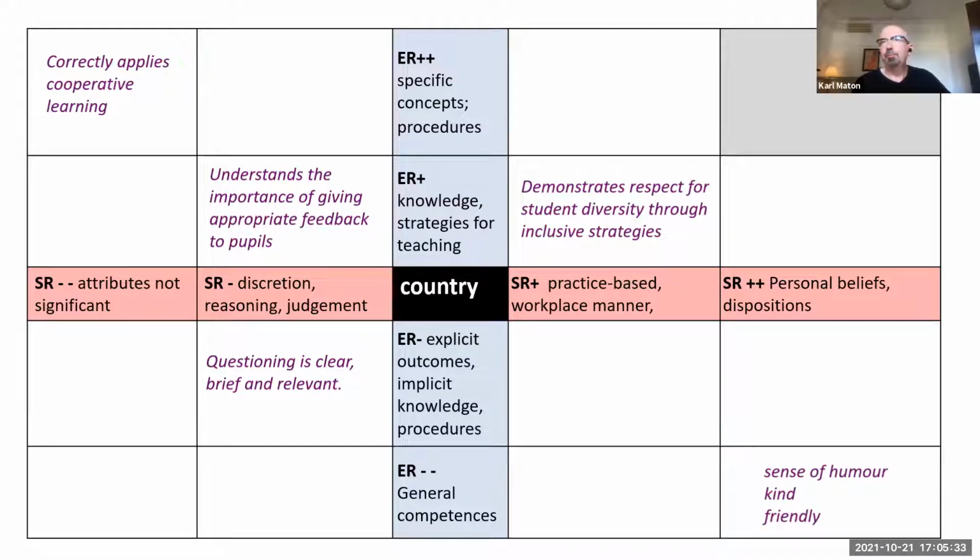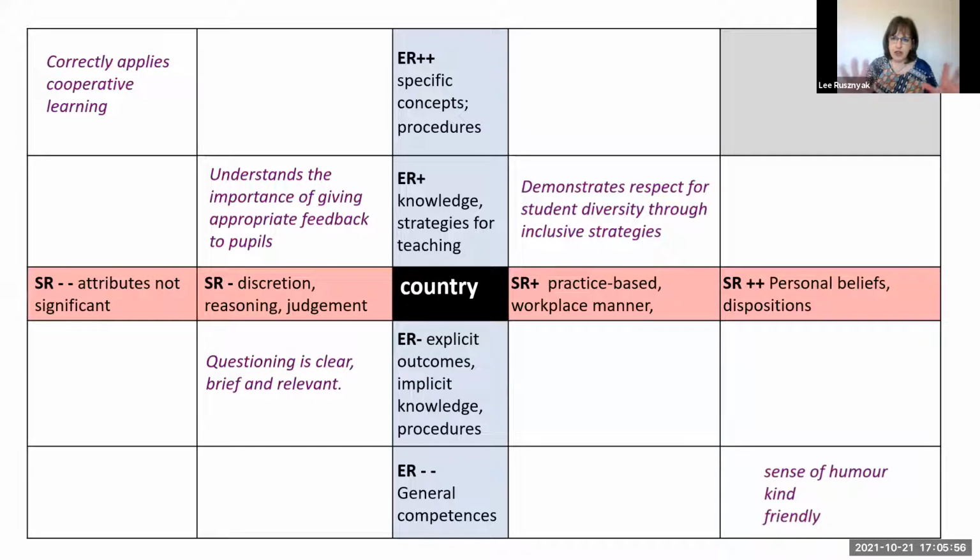Okay, let me start. We worked with different categories for maybe 10 different versions of strengths of ER and SR until we found one that really worked well with all of our data.